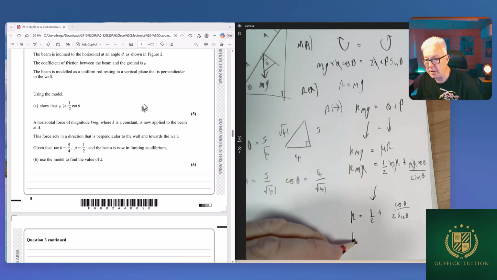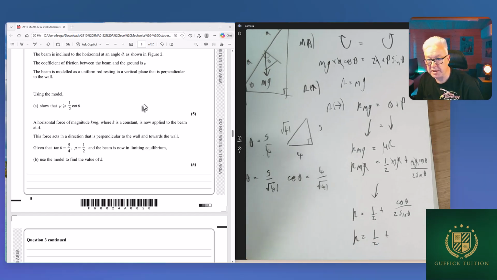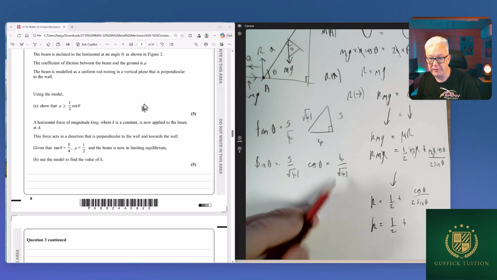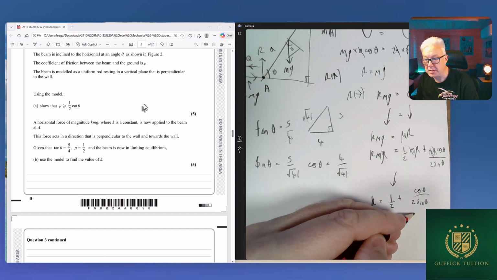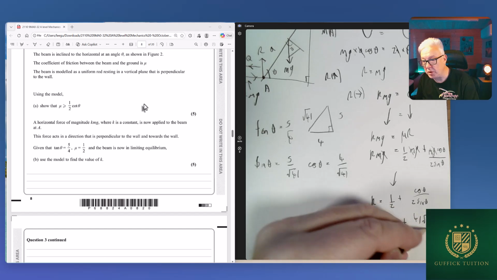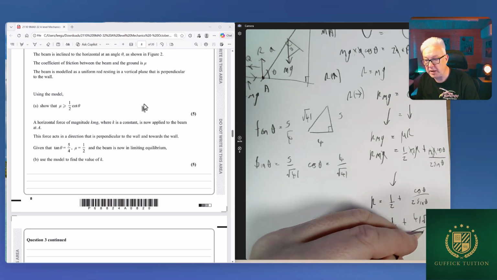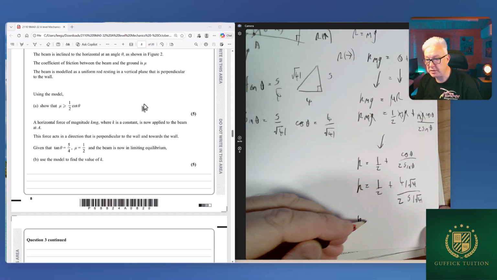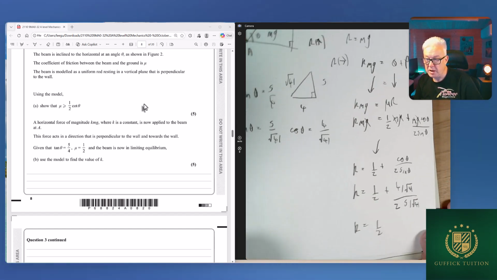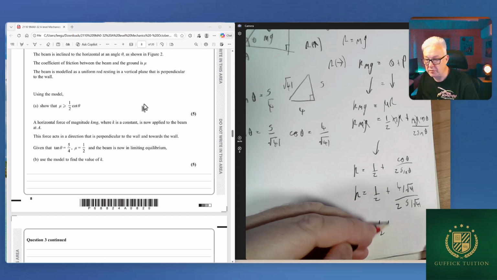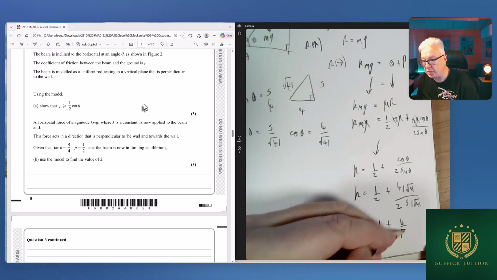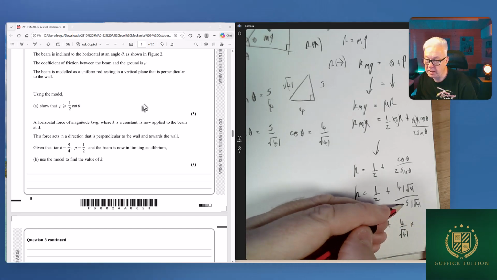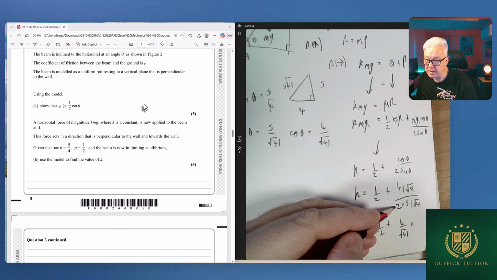And we can now put in our results from before for cos theta and sine theta. Oh, here they are. That's very convenient. Cos theta is 4/√41 and sine theta is 5/√41. So what's this going to simplify into? k is going to equal a half plus 4/√41 divided by 10/√41.